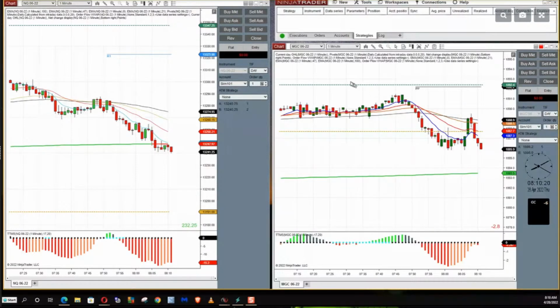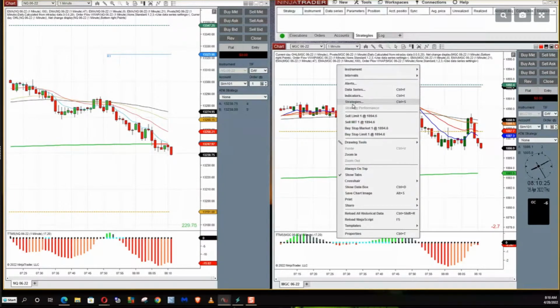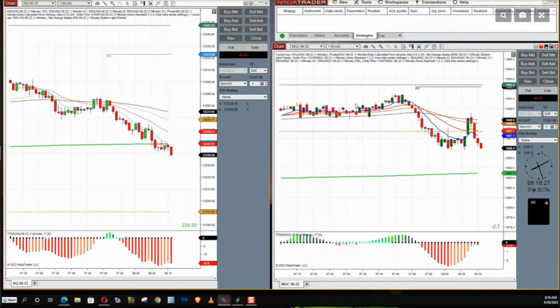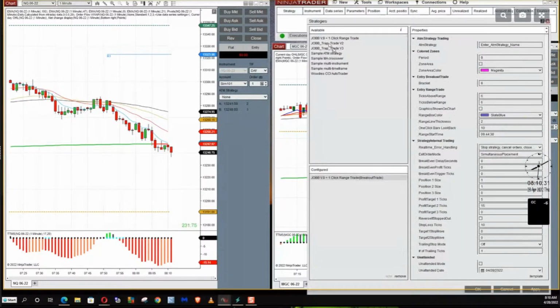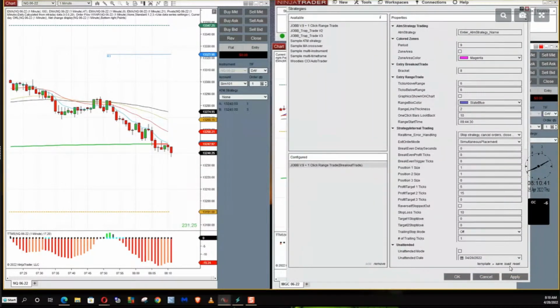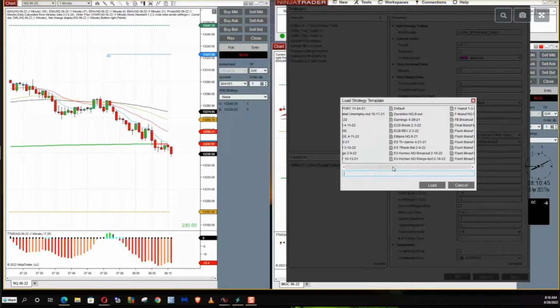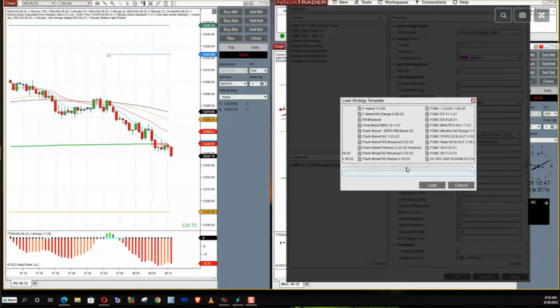So the first thing I'll put on is my gold open strategy. My gold open strategy is a template. I do it the same almost every morning. The thing that we change is the stop size in general.